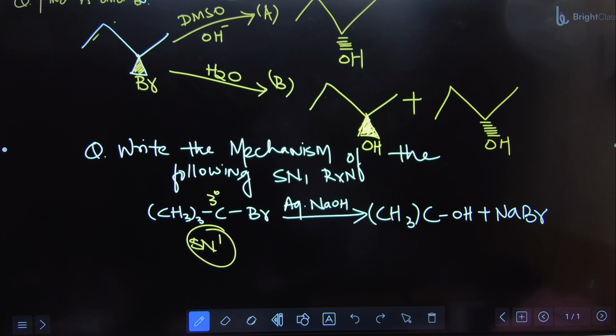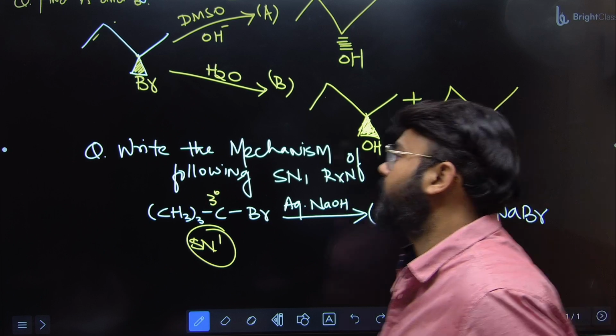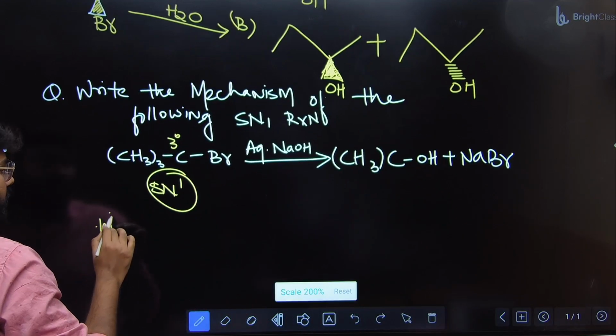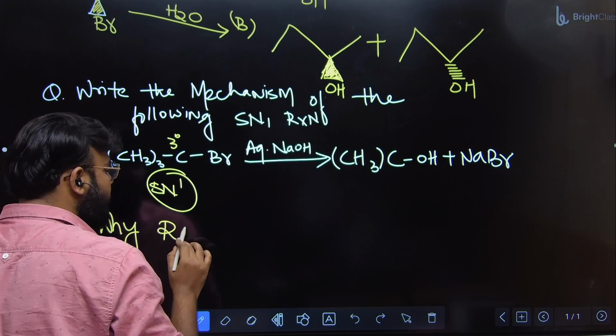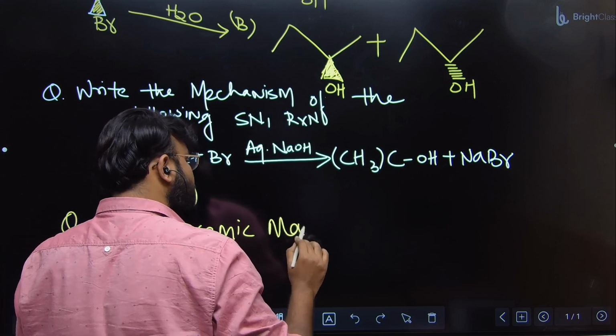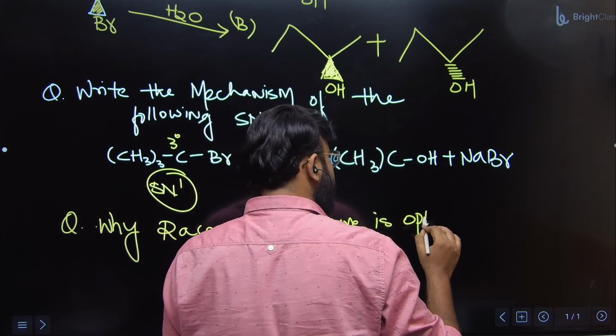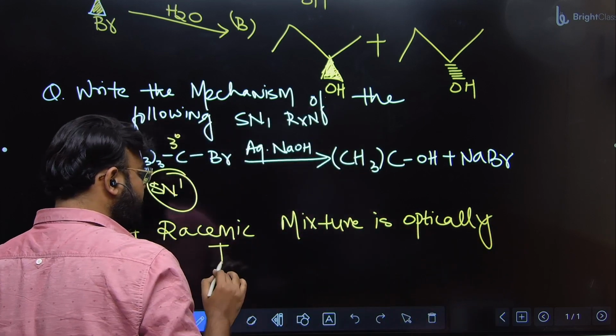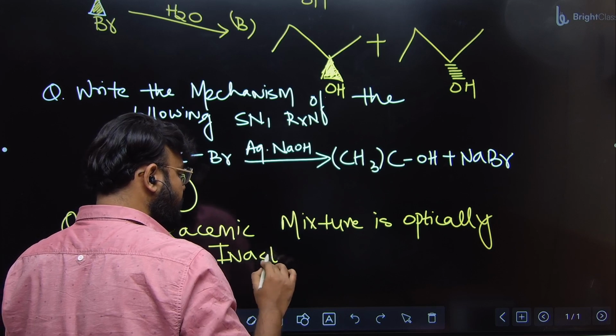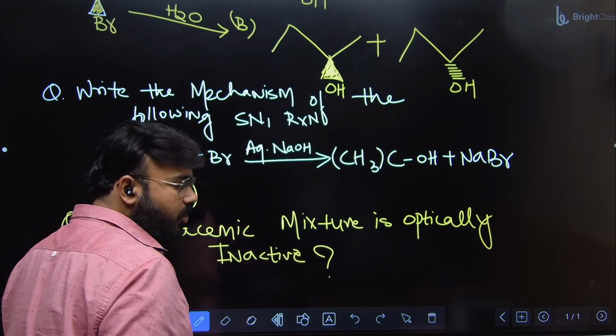Guys, let me know if anyone is done. After that, there's one question: why is a racemic mixture optically inactive?